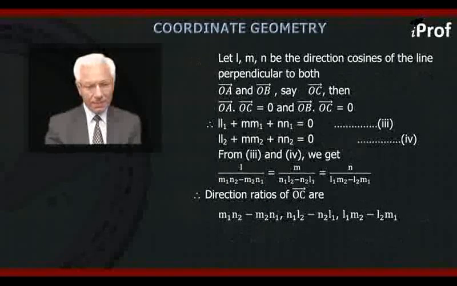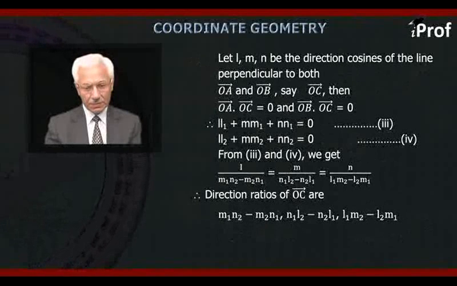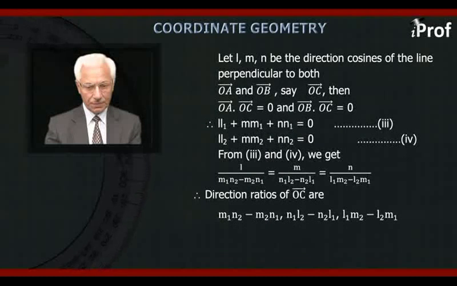Now let l, m, n be the direction cosines of the line perpendicular to both OA and OB. Let it be OC. Then OA dot OC is equal to 0 and OB dot OC is also equal to 0. That means ll1 + mm1 + nn1 = 0, and also ll2 + mm2 + nn2 = 0.